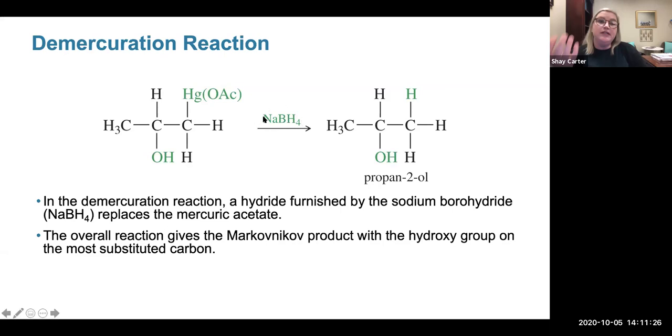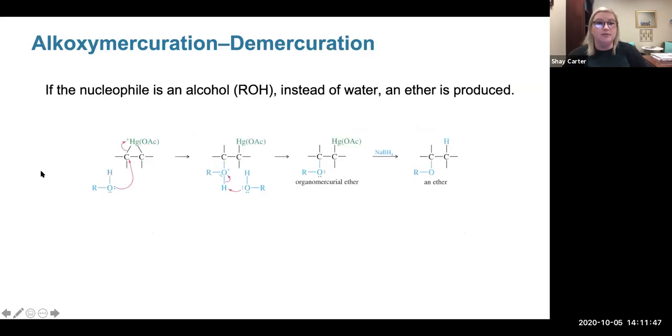That leaves us with our alcohol and our Markovnikov product. We still get our hydroxyl group on the most substituted carbon, and the hydrogen goes with his friends. Okay, goes on the carbon that has the most hydrogens.